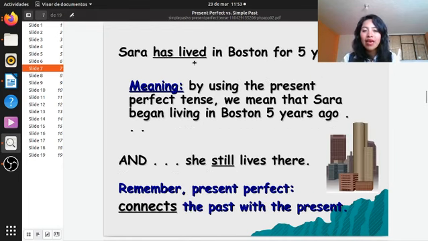Now, Sarah has lived, present perfect, in Boston for 5 years. By using the present perfect tense, we mean that Sarah began living in Boston 5 years ago and she still lives there, right? Remember, present perfect connects the past with the present, okay?